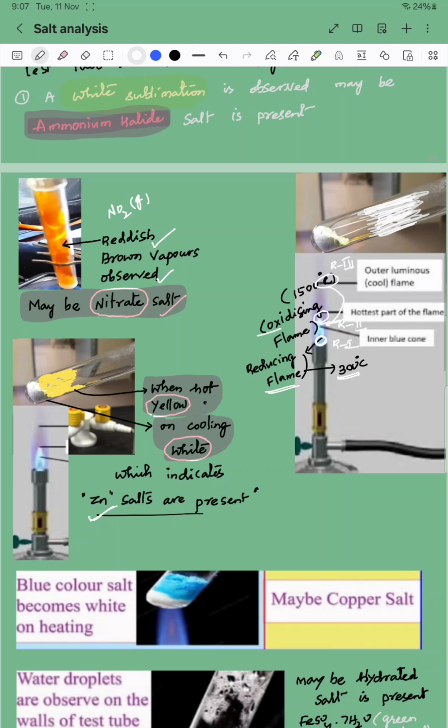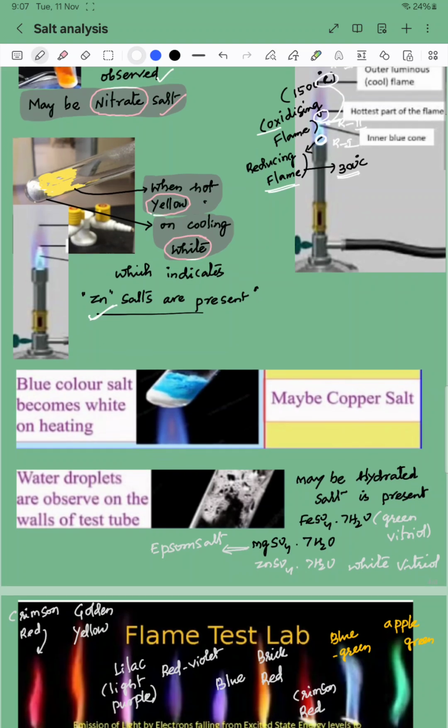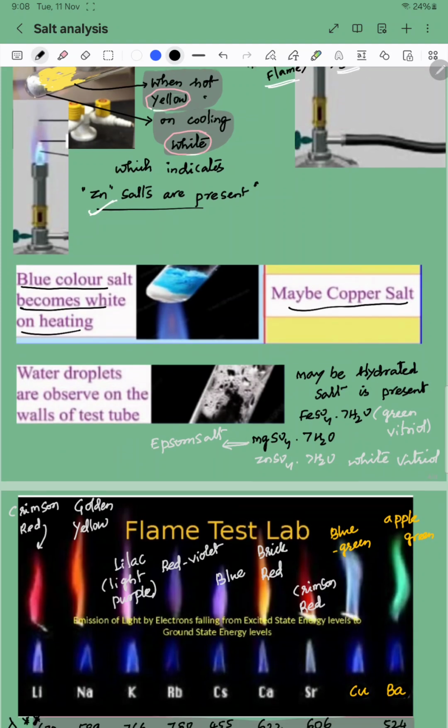Next, if a blue colored salt becomes white on heating, then a copper salt is possible.